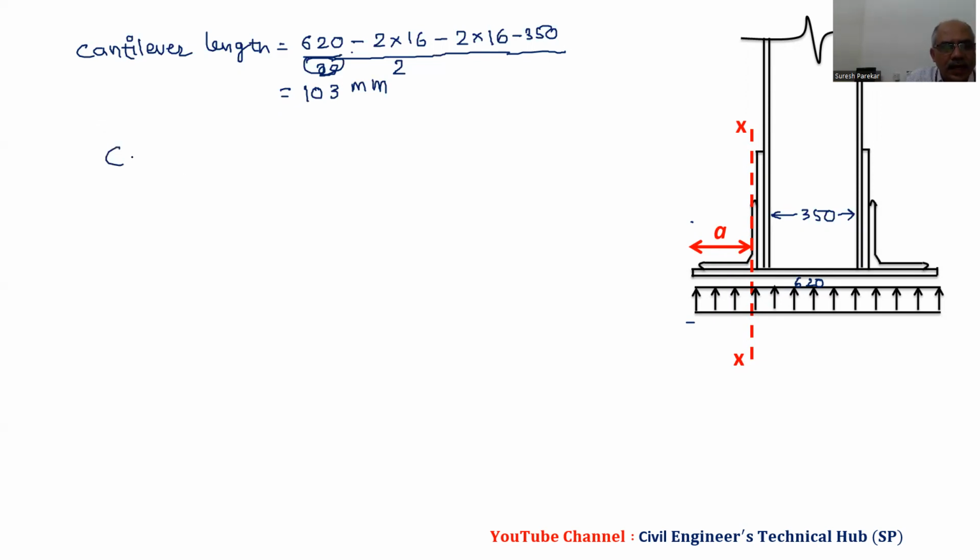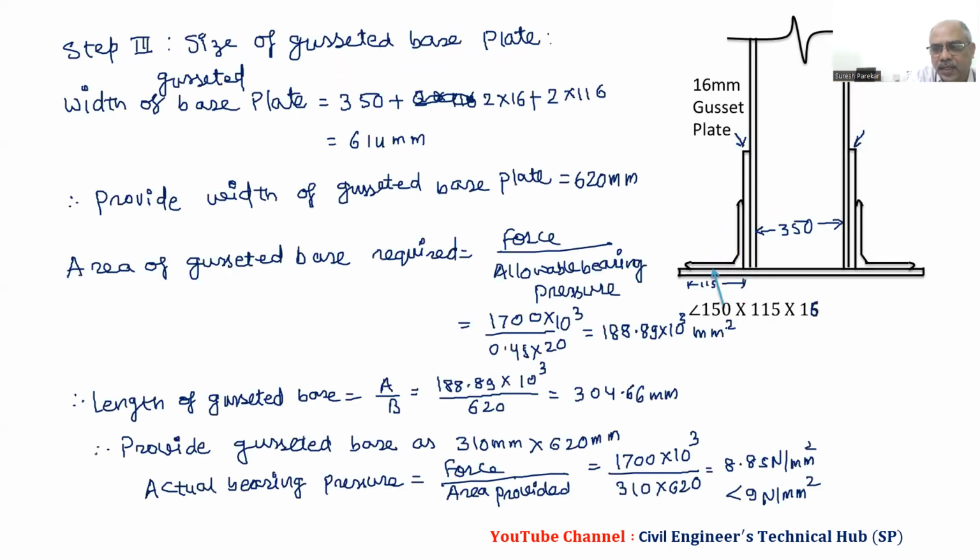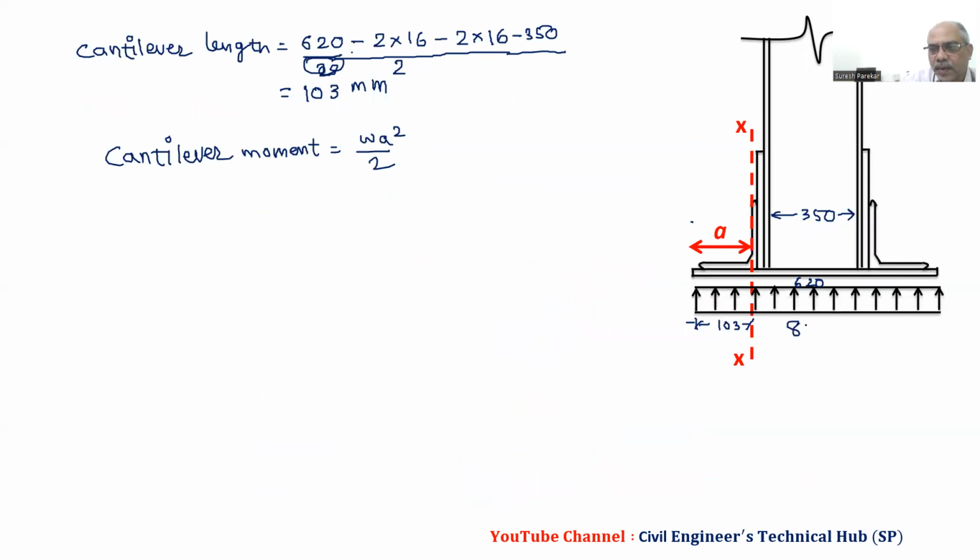And therefore we have cantilever moment equal to WA square by 2, and A is this cantilever length, so this is 103. And we have this value, which we calculated, 8.85 Newton per mm square. If we draw this, we have this cantilever and UDL upward because we have soil pressure 8.85.